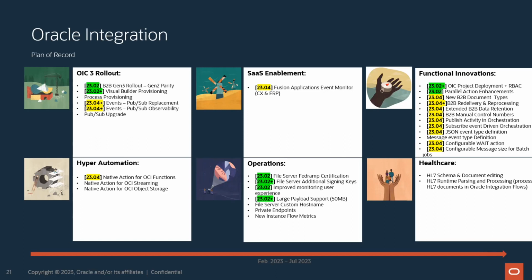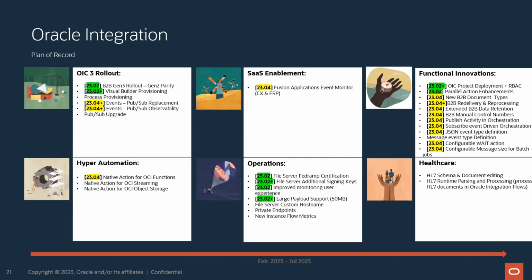Be it OCI functions where you can have your more complex business logic that can't be expressed within OIC itself, or for event-driven systems using OCI streaming, or maybe for storing documents or other files in OCI object storage.